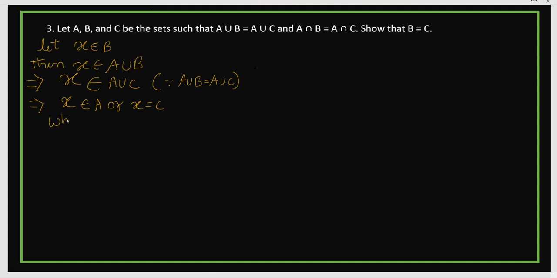We'll take the case when x belongs to A. We started with x belongs to B, so x also belongs to B and to A. Therefore, x belongs to A intersection B. That means x belongs to A intersection C, because A intersection B equals A intersection C is given.